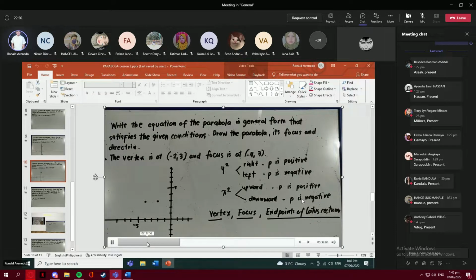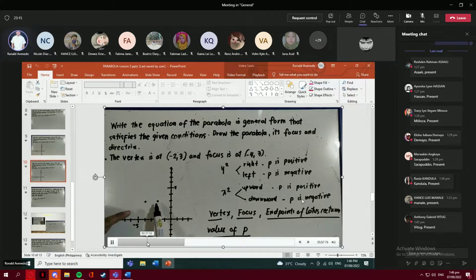Itong tatlo. But this time, we don't need the table. Hindi na kailangan natin ang table. We will just do the counting. So here, we need also the value of P. So how can we get the value of P?